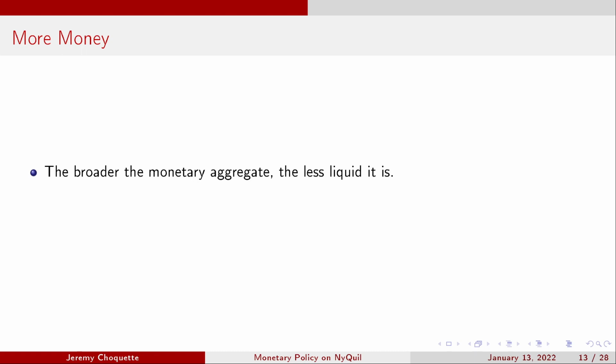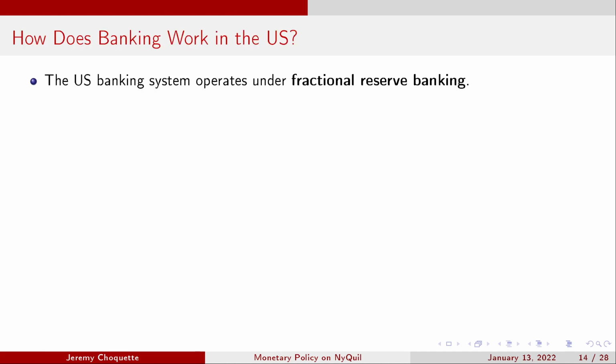So the money base is an extremely liquid monetary aggregate. You go a little less liquid, you get M1. You go less liquid than that, you get M2. And then you go way less liquid than that, you get M3. So the harder it is to turn into spending cash, the less liquid that monetary aggregate is going to be.